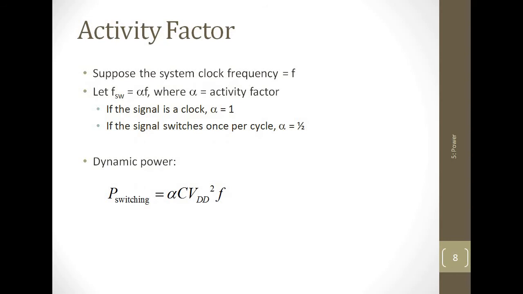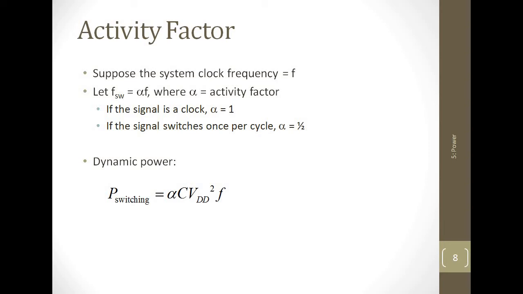What is the activity factor, which is alpha? Suppose the system clock frequency is F, then the switching frequency is nothing but alpha times F, where alpha is the activity factor. If the signal is a clock, then alpha is 1. But if the signal switches once per cycle, then alpha is half.